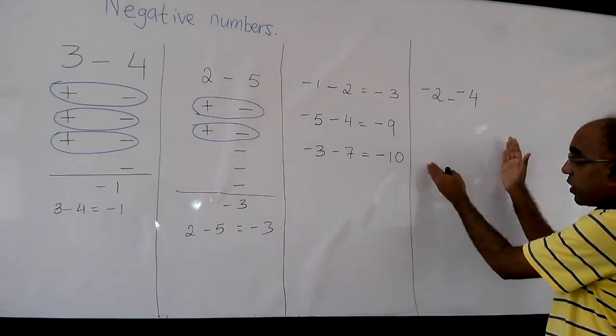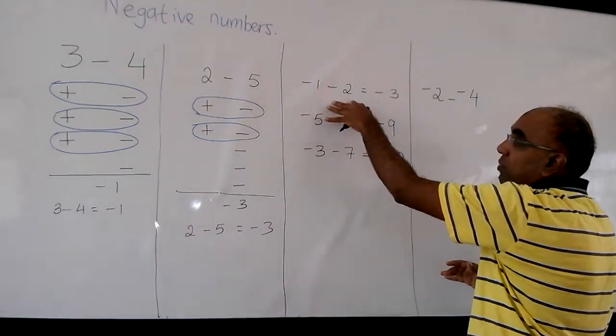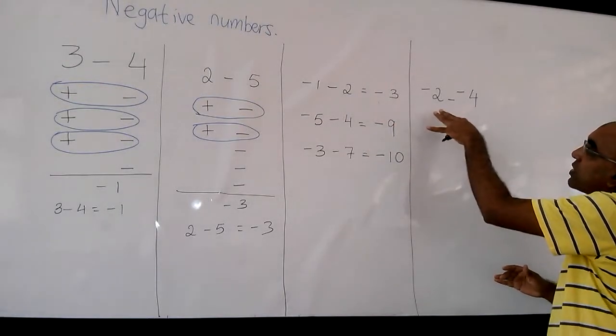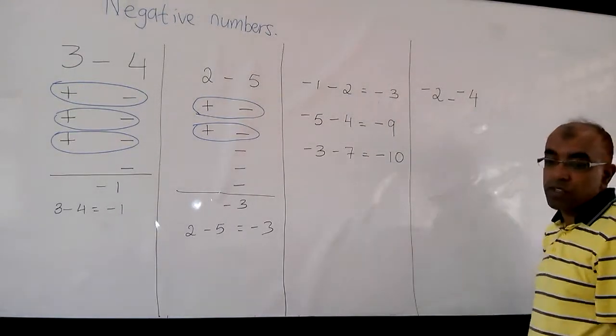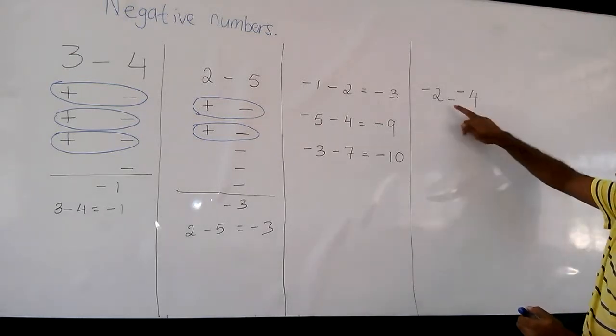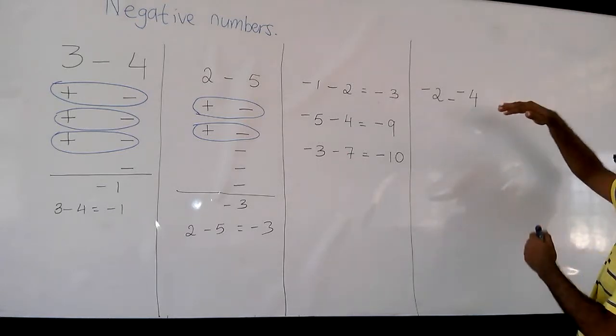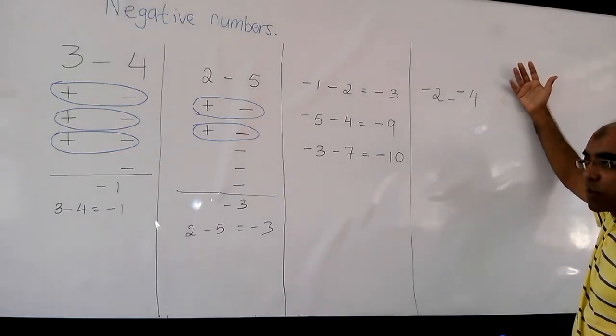Now, let us compare. You can see here, this is a different case. I have -1, -2. But here, it is -2 minus 4. Then in that case, just remember, when you have 2 minus, it looks like stairs going up like this. It's another way to remember.